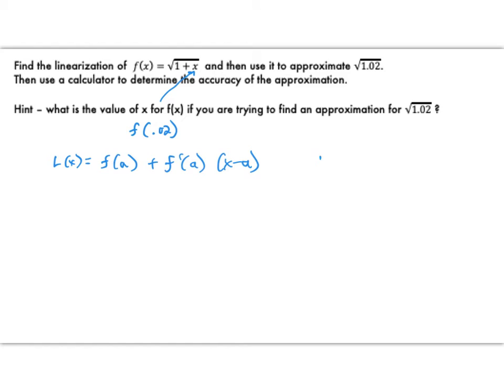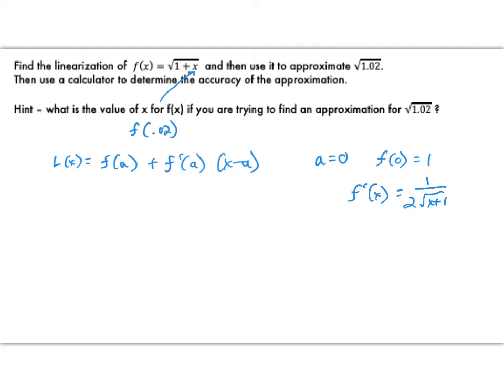Okay, if I let my a be 0 here, my center of approximation, then I can find these things pretty fast. f of 0 is going to be 1, of course, when we put that into our function right here. Let's find out what f prime is. Well, f prime of x is going to be 1 over 2 times the square root of x plus 1.